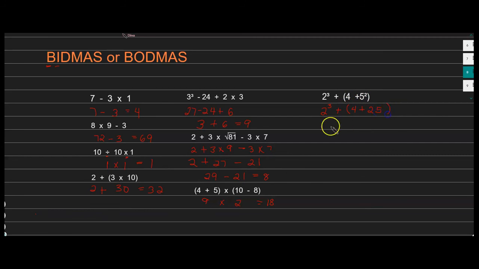Then we do the rest of the operation inside the bracket: 4 plus 25 will give you 29. Then do the index once you've done everything inside the bracket. 2 cubed is 2 times 2 times 2, which is 8, plus 29, and your answer is 37.